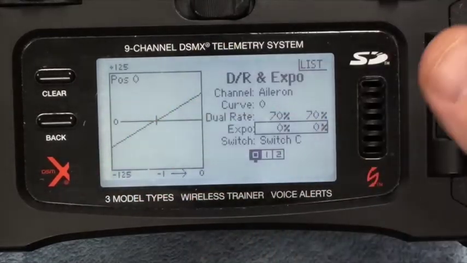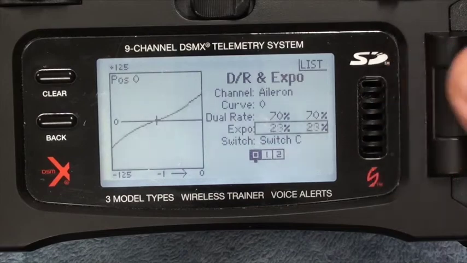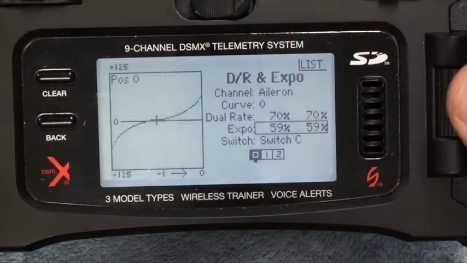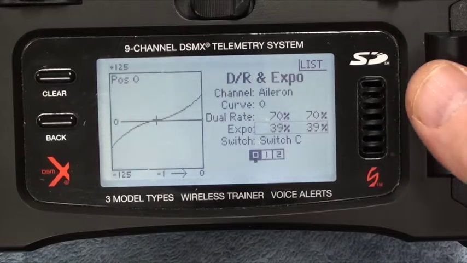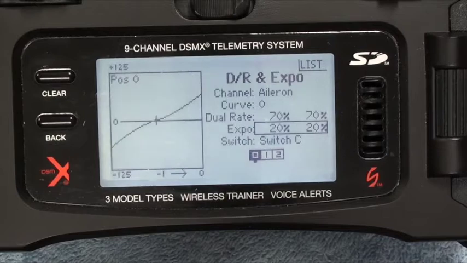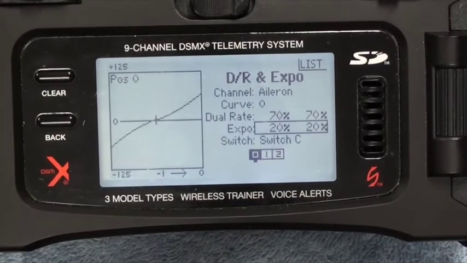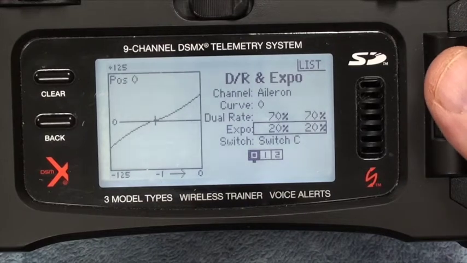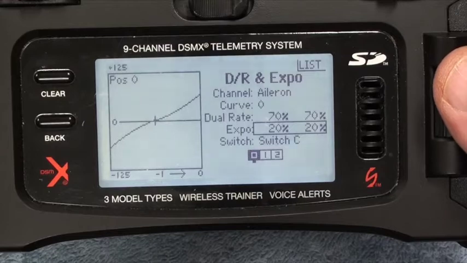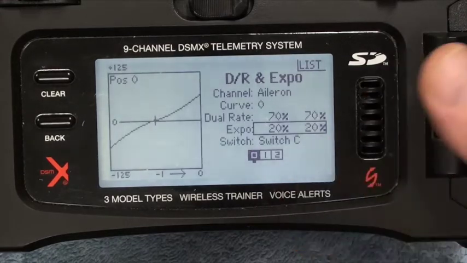This little line here is straight. Okay. If I move it way out here up to 40 or 50, you can see how that curve changes. That's too much curve for me. Some people like to fly that much. I don't. It's personal preference. So I'm going to use 20% as the exponential on the low rate. Okay, and I'm going to leave it on the switch on position 0.